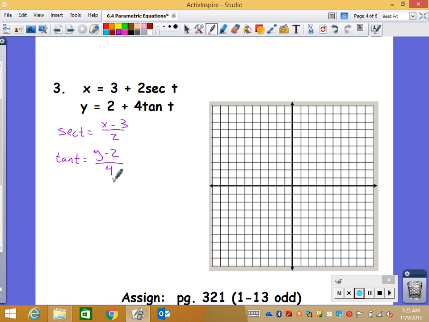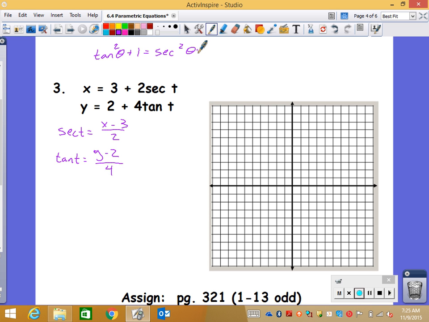Now I need to think, is there a Pythagorean identity that involves secant and tangent? Well, if you go back and look at your formula sheet here, we have one that says tangent of theta plus 1 is equal to secant of theta. Sorry, that should be tangent squared, my apologies, equals secant squared of theta.